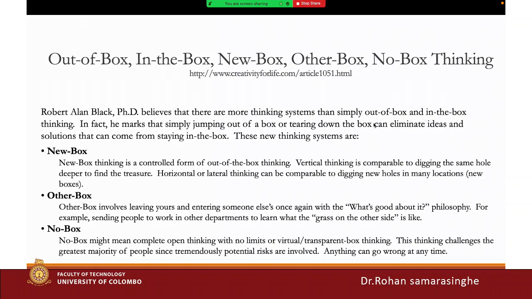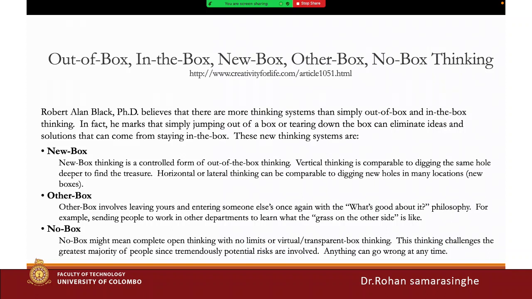In the box thinking means that within a given specific area you think with your knowledge, while out of the box thinking means you have to suspend conventional thinking, come out of that, and think.